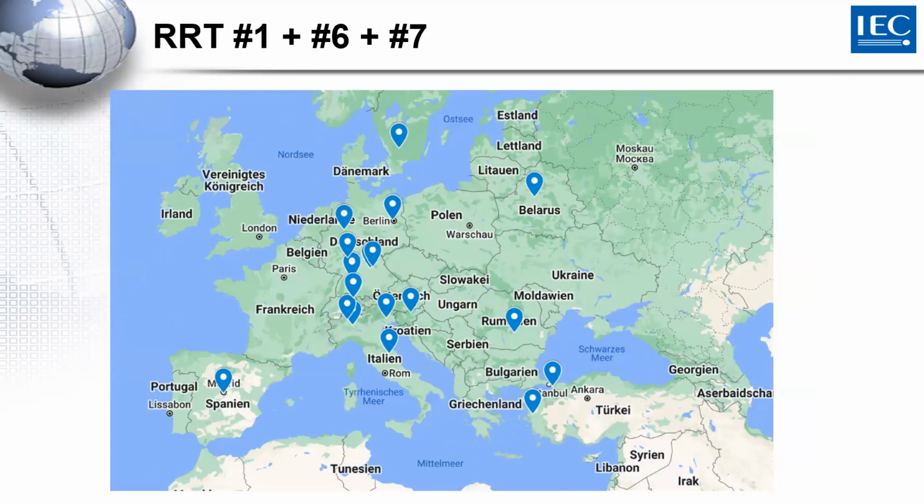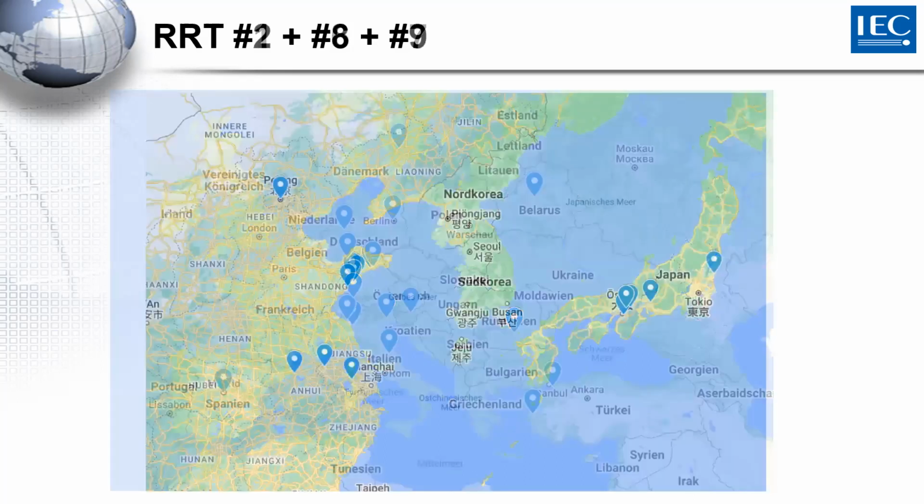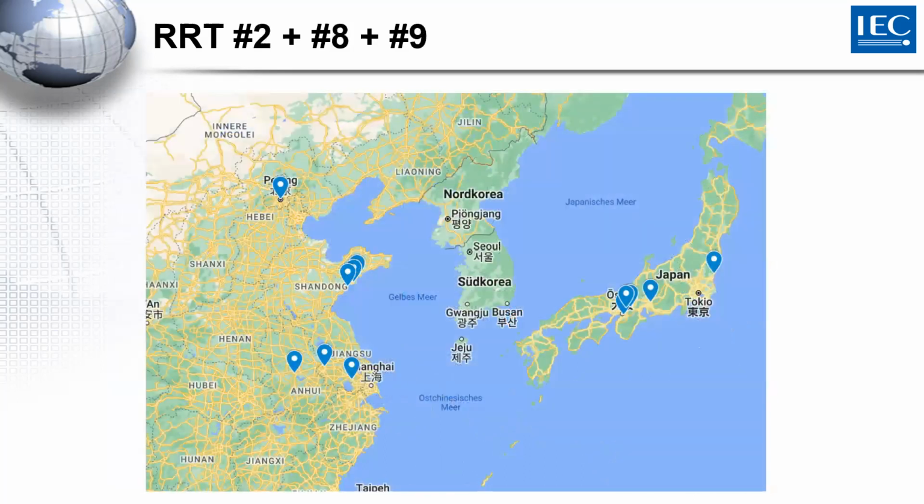I'm very happy that we have so much interest here in Europe for these 3 round-robin tests, number 1, 6, and number 7. For round-robin tests 2, 8, and 9, we have China and Japan. Also here we have a good distribution of the laboratories. Thank you very much for signing in and taking part in this round-robin tests.